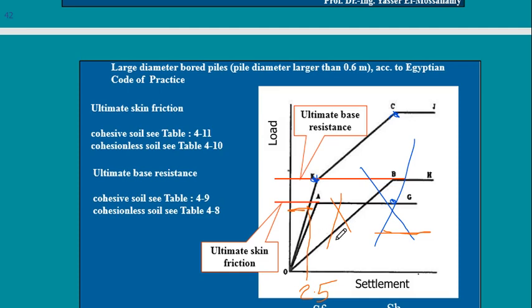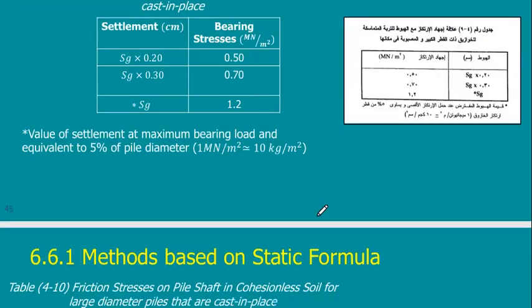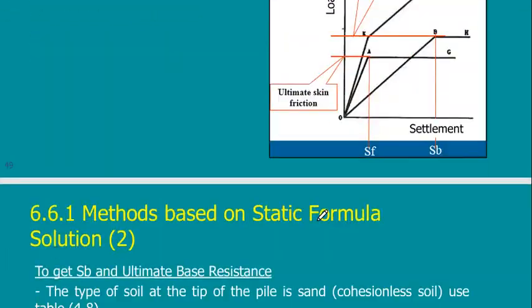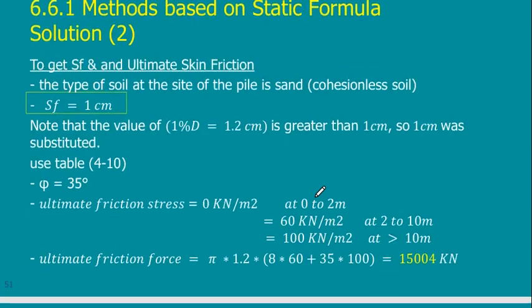If I know the diameter of the pile, I get the area of the pile multiplied by fca of the concrete, and I will get a value. I will compare this value with the minimum of these two to get the load that is carried by this pile. This is exactly what I have said here.